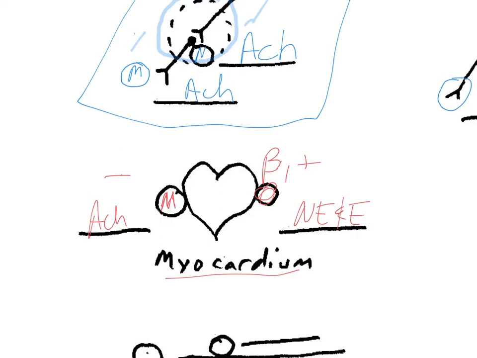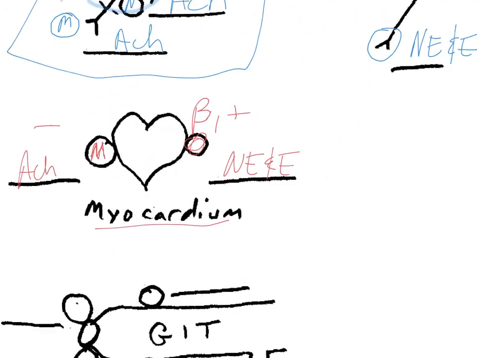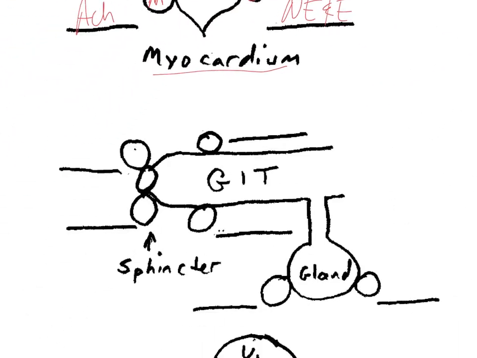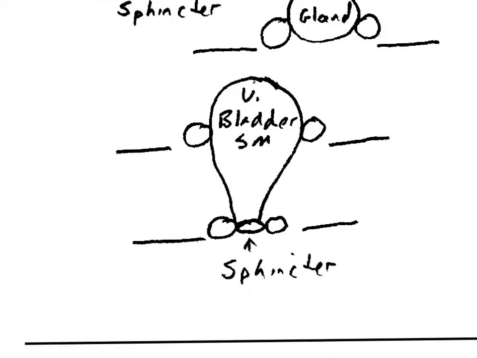All right. We'll take a look at another one here. Do we want to go over here? Nope, we want to go over here. We're going to drop down to here, to the bladder. All right, we'll do the same thing. We have parasympathetic, so there's muscarinic on the muscles in the bladder wall and muscarinic at the sphincter.